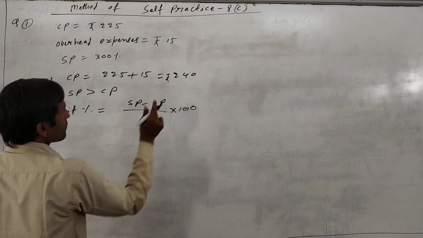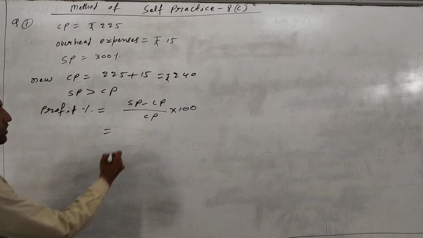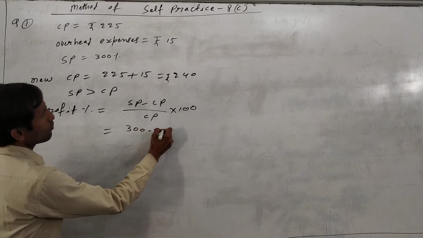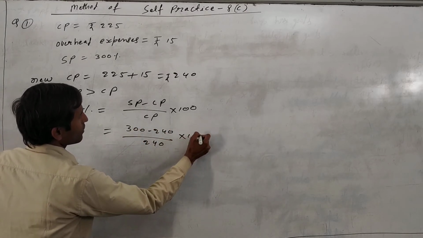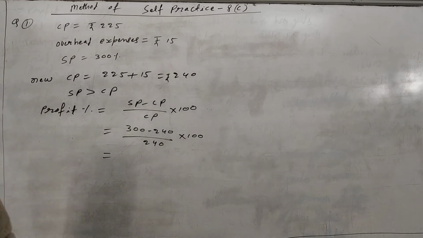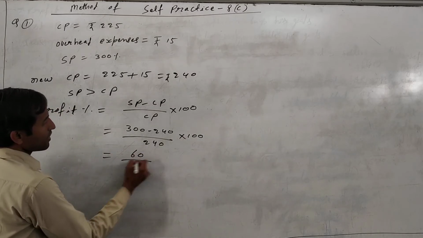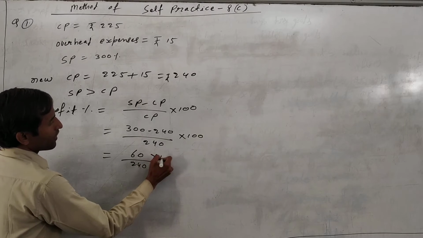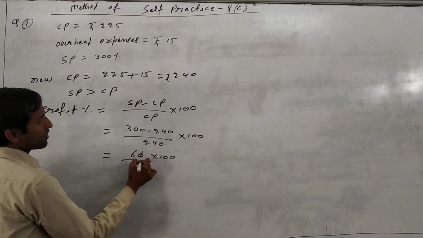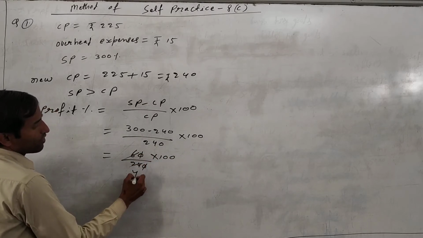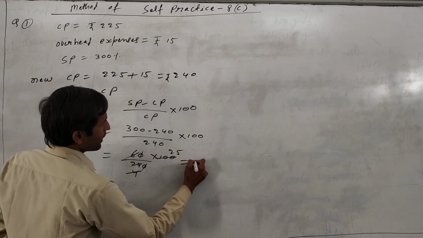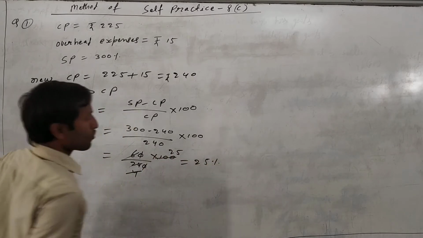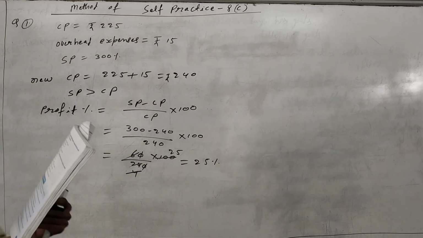So 300 minus 240 upon 240 into 100. After subtracting, it will come 60 upon 240 into 100. Now cancel out the zeros, 6 4s are 24, and we can cancel by 4 to get 25. So 25% is the profit. This is the final answer.